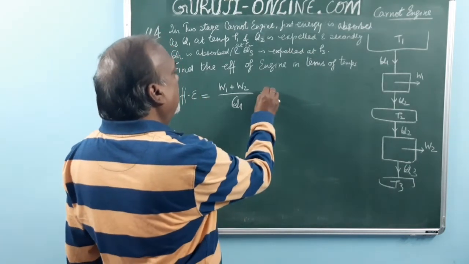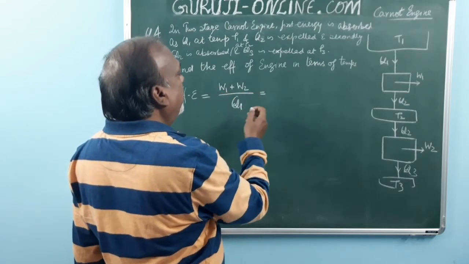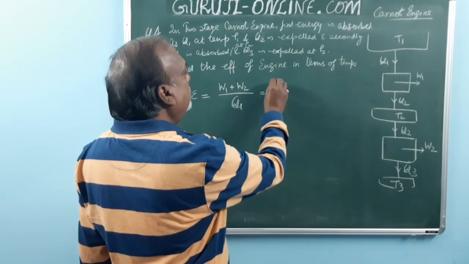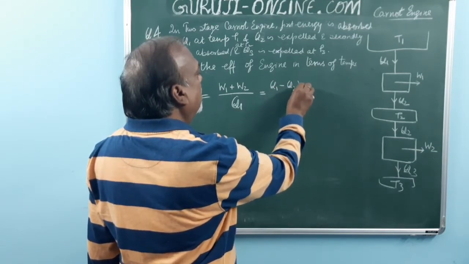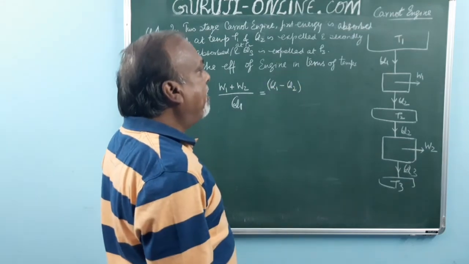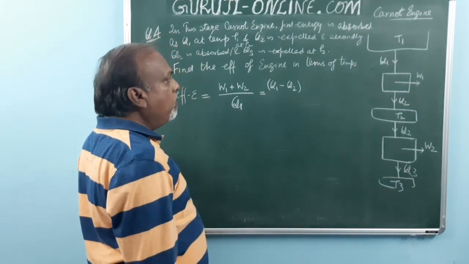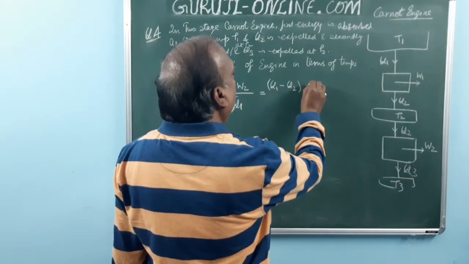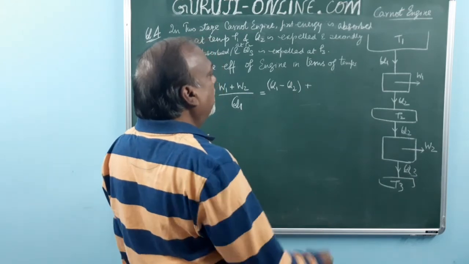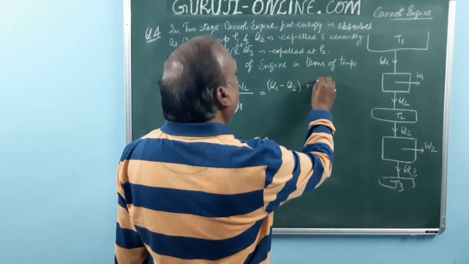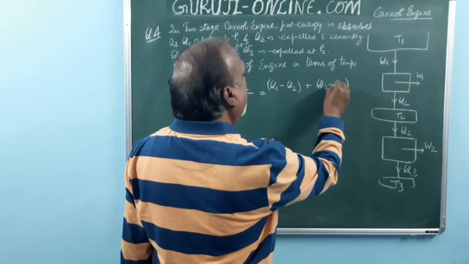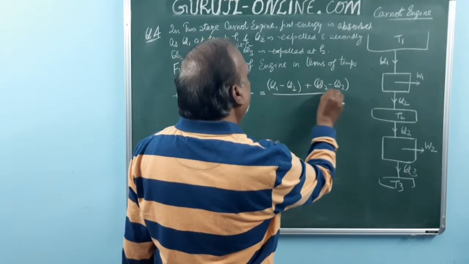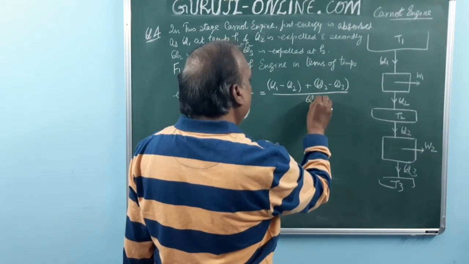So W1 will be nothing but Q1 minus Q2, and W2 will be nothing but Q2 minus Q3, and this will remain as Q1.